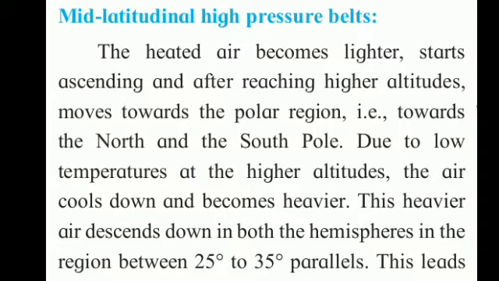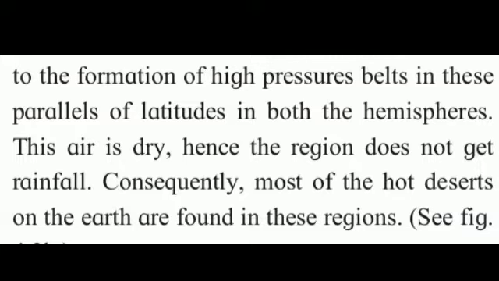Due to low temperature at a higher altitude, the air cools down and becomes heavier. This heavier air descends in both hemispheres in the region between 25 degree to 35 degree parallels. This leads to the formation of a high pressure belt in these parallels of latitude in both hemispheres.